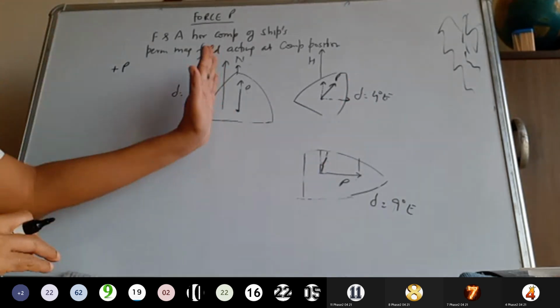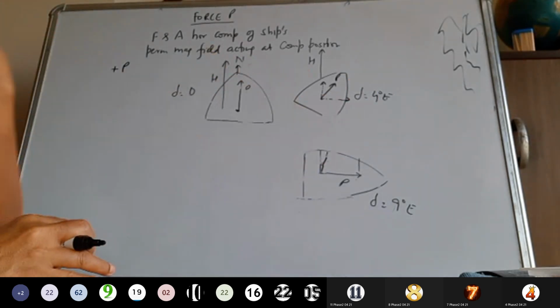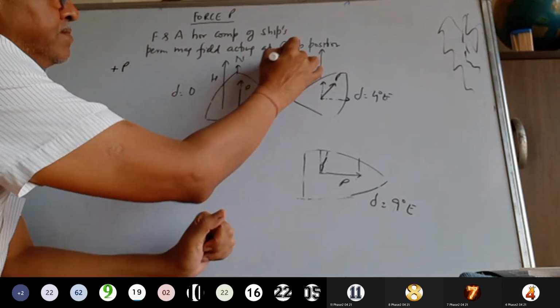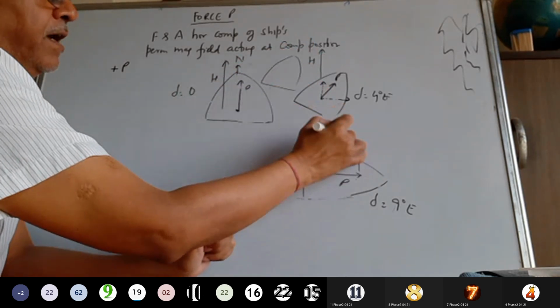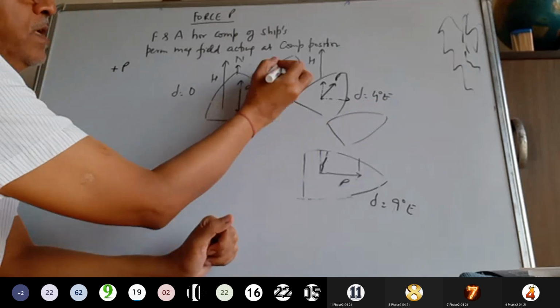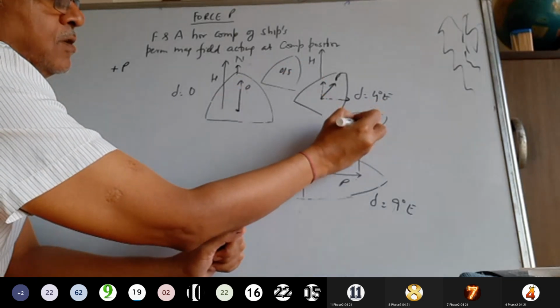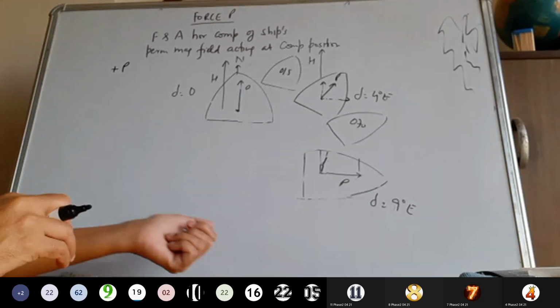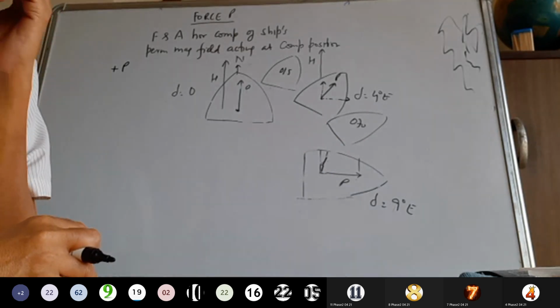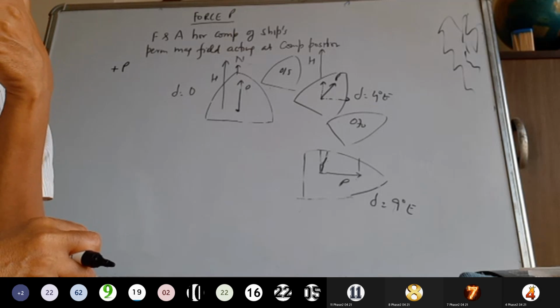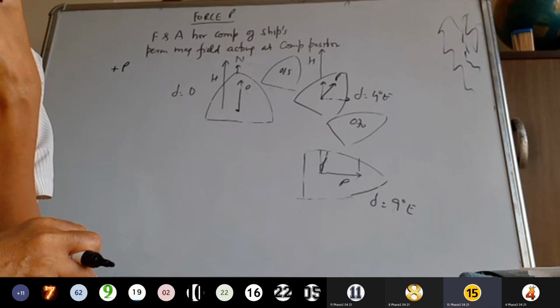So now you can understand that on different headings you will have different deviation. If I draw one diagram here and one diagram here, where the heading is, let us say, 015 and here 070, on which heading will you have more deviation due to force P? 070.